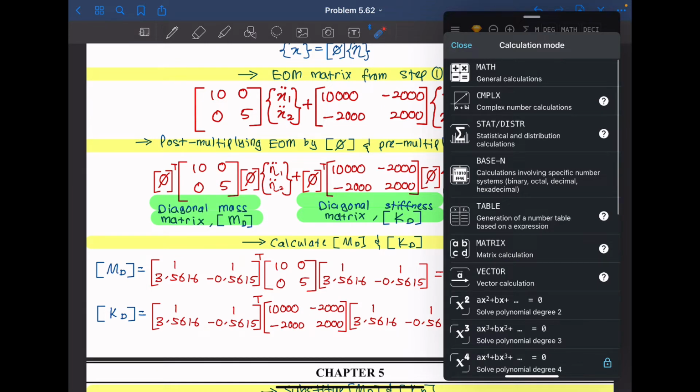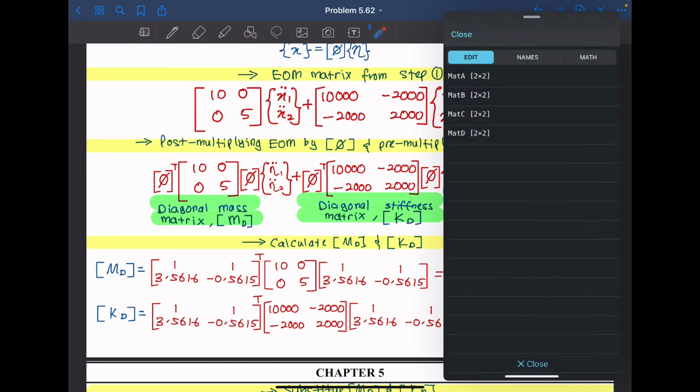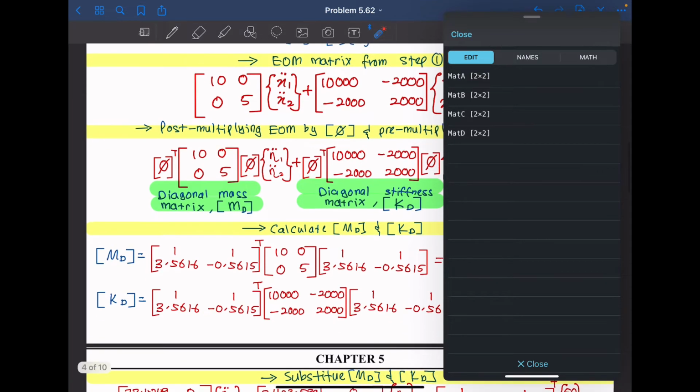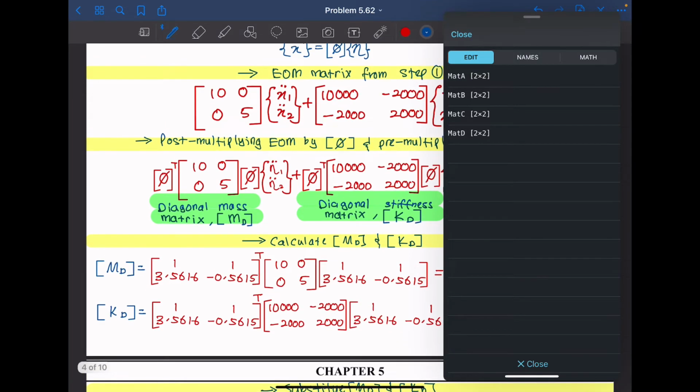Go to mode and then go to matrix, and first of all add it. Make sure you add it. So basically I'm going to label first.